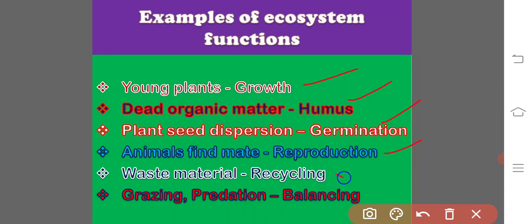Waste materials are degraded and recycled back into the soil, and grazing and predation take place, balancing plant and animal populations. So this is all about the different examples of the ecosystem functions.